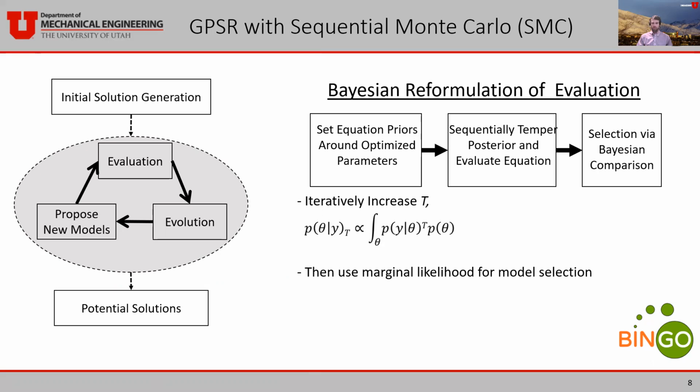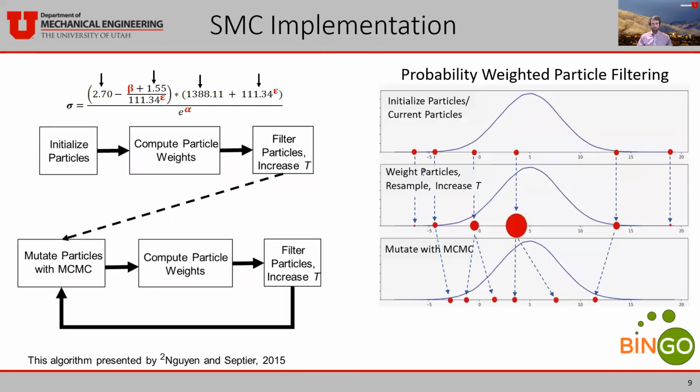And that can then be used to select the best model out of a given set. However, there is more to it than just swapping out two different fitness metrics. In this case, the implementation of sequential Monte Carlo results in another iterative loop within the general GPSR loop, which is required in order to compute the marginal likelihood of each model for comparison.